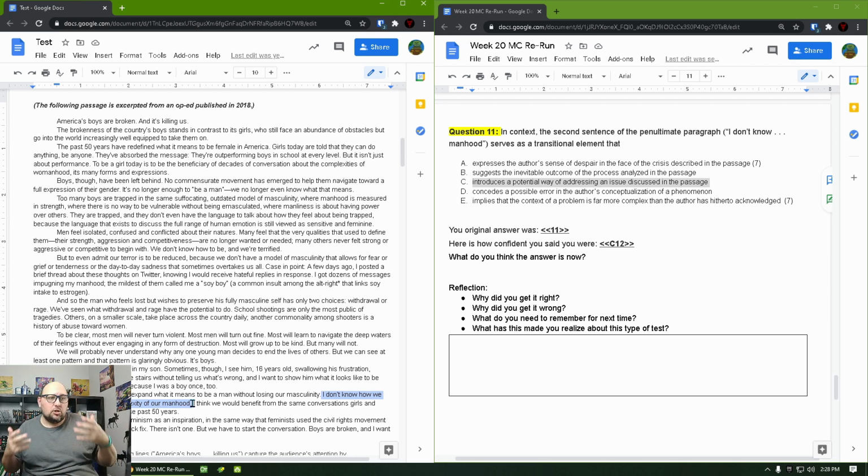So for C to be true, what we would have to see next, in the next sentence or two, would be him talking about what he thinks a possible solution is. He'd have to say something like, I would like men to use feminism as an inspiration, something where he says, here's what I think we might want to try to do. For C to be correct, there'd have to be a sentence shortly after that, saying, here's what I think we should do.